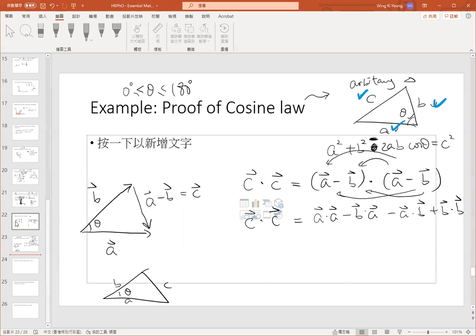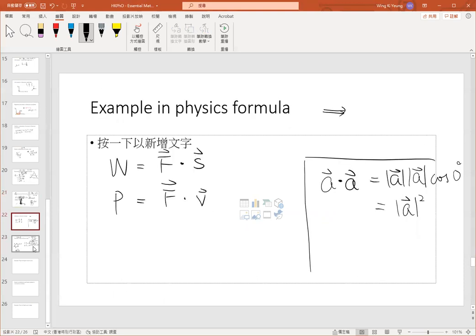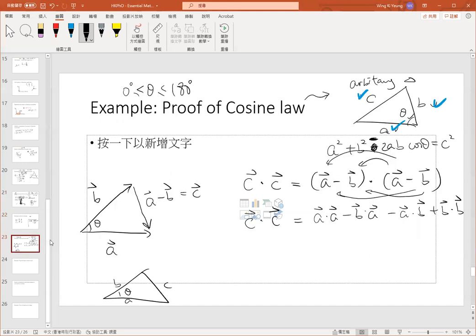Then I would like to simplify the equation a little bit. C dot C is C dot itself. It can be written as the magnitude of C squared. So the magnitude of vector C is just C. Now we have proved that A dot B equals B dot A, so we can combine these two together.